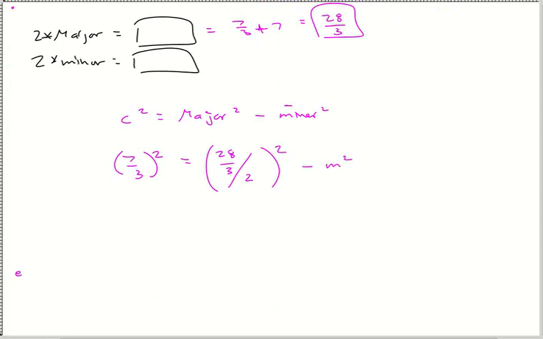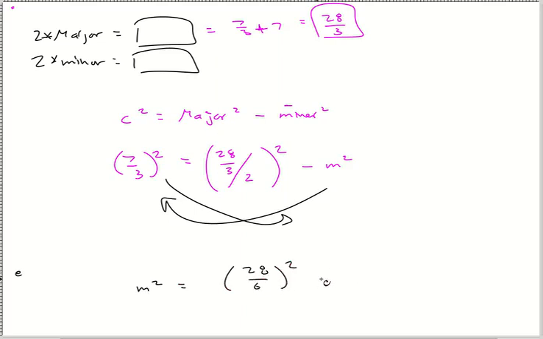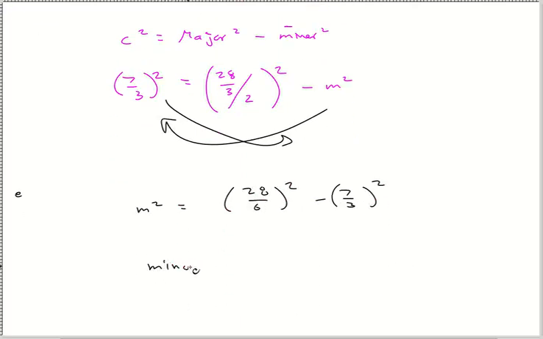And I'm tired of this pink color, so we're going to move these 2 over here. Major squared is now equal to 28/6 all squared minus 7/3 all squared. Lots of math, and I finally find my minor is equal to 7 over the square root of 3. Wow. Well, I'm just going to cut to it.